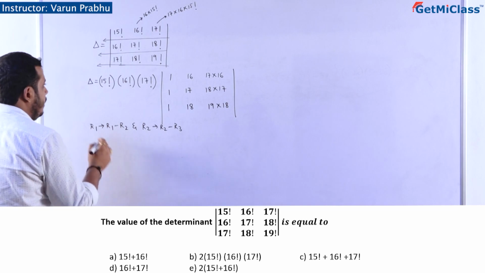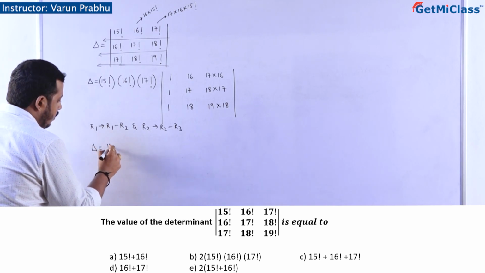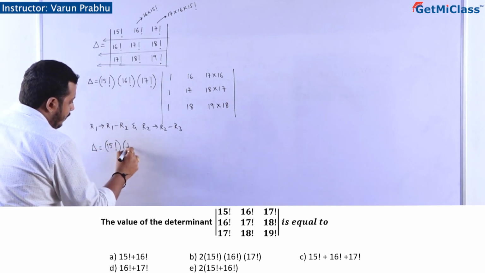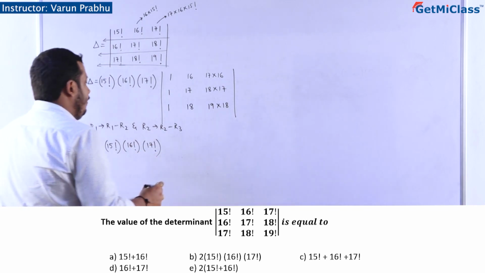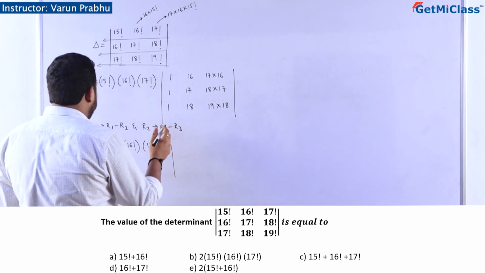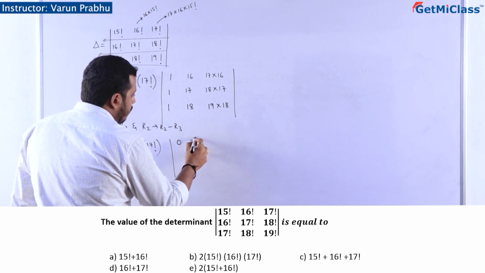Is it okay? That becomes easier. Delta is equal to 15 factorial multiplied by 16 factorial multiplied by 17 factorial into R1 transforms to R1 minus R2, 0, minus 1.